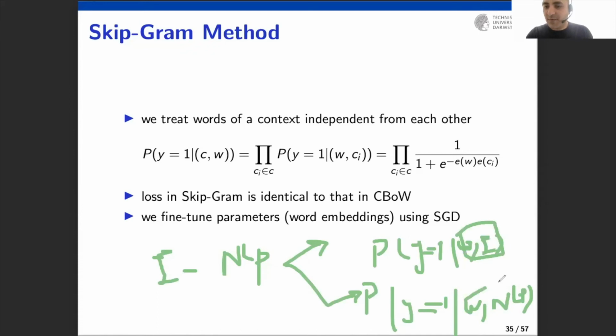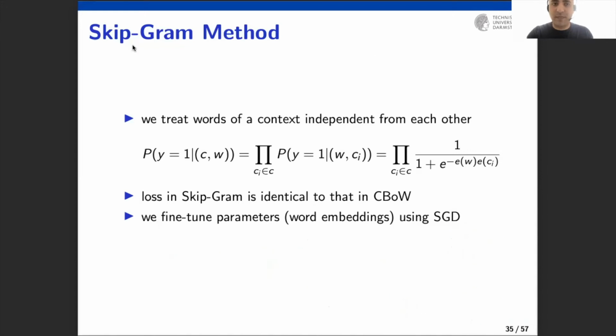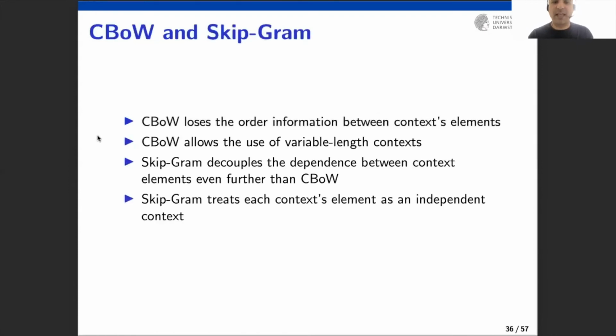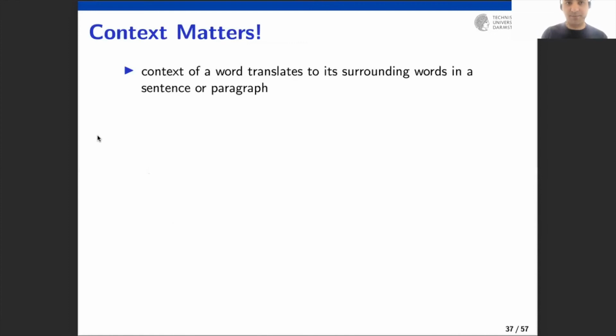And in this probability, you only care how likely it is that word W fits to the word NLP in the context. So that's why we are saying that in skipgram, you treat each context element as an independent context.